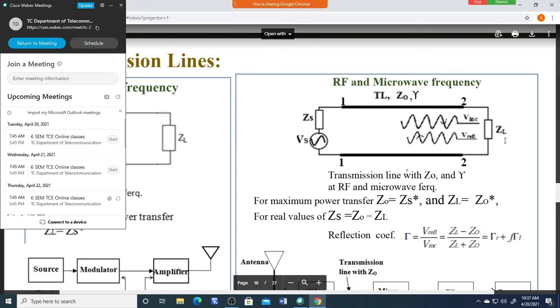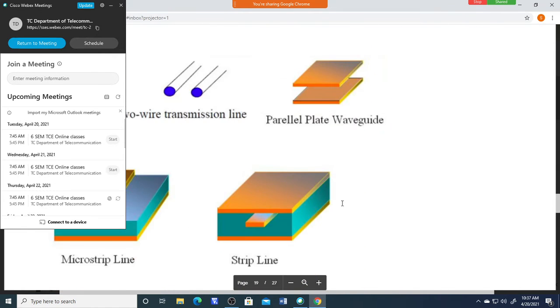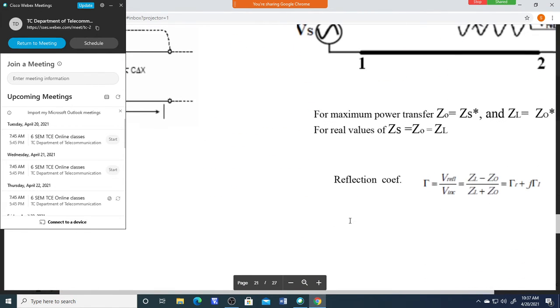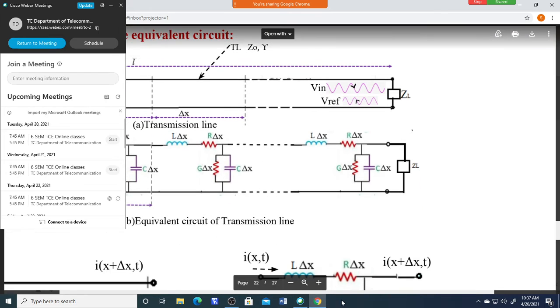Usually we expect that if you connect ZL, it remains the same, but it doesn't happen like that at RF and microwave. If you measure here, it is ZL, but if you measure here, it will change. Impedance is also a function of distance. So now we will see.